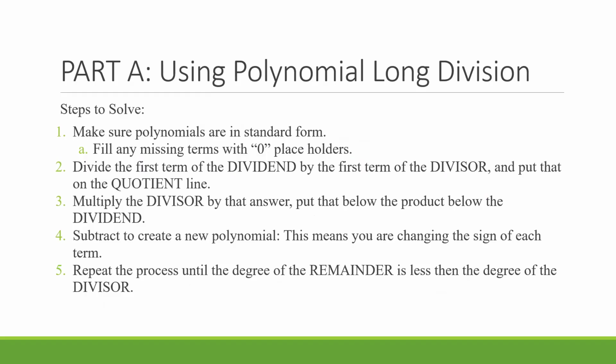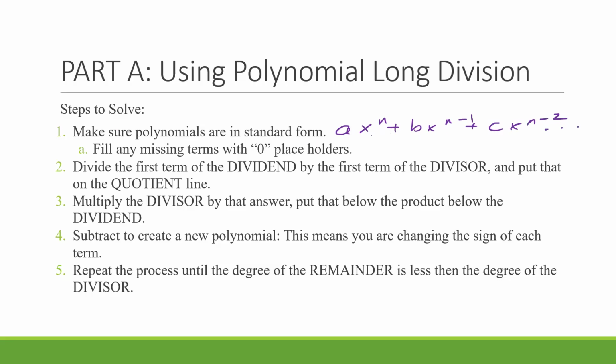All right, so before we get started, let's go over our steps. We want to make sure the polynomials are in standard form. By standard form, we need to make sure that all powers are present: a x to the n plus b x to the n minus 1 plus c x to the n minus 2, and on and on.